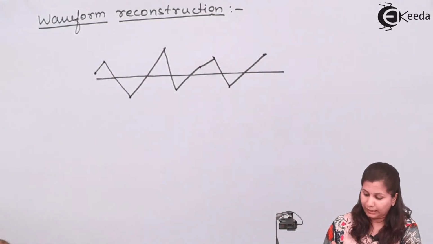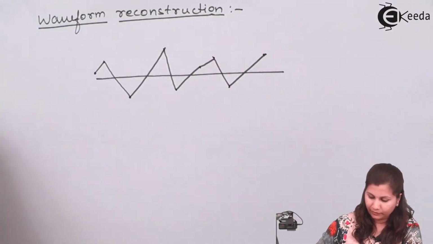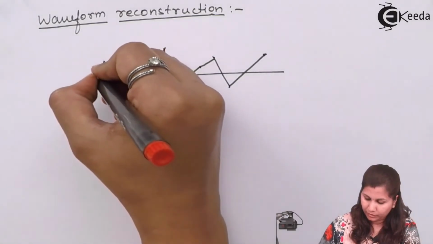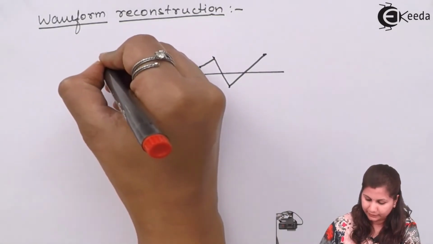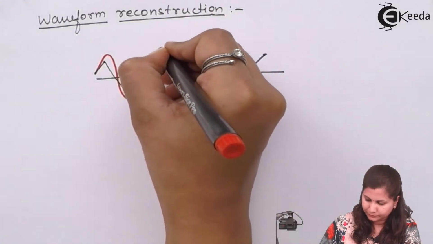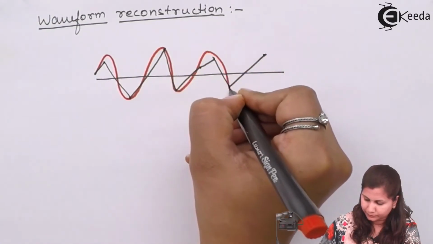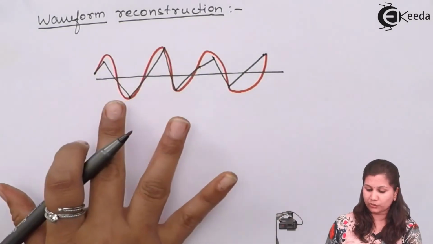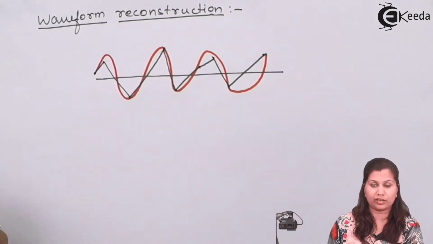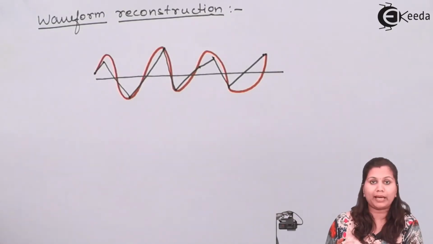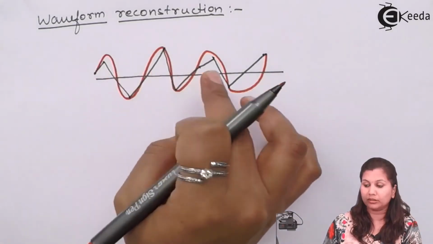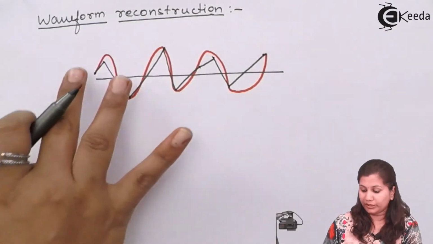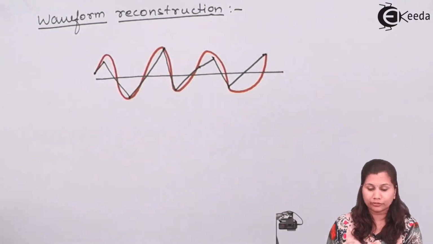Another way is we can form a sinusoidal signal. So in this way there are two types of reconstruction of how the waveform can be reconstructed from the dots, from the digital output which is in the form of dots.